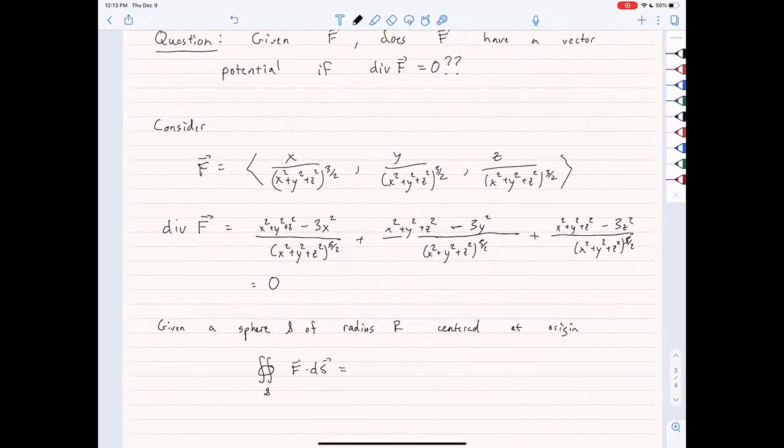We did this computation. I did it 2 times. I did it by parametrizing the sphere, and then I gave you a way of doing it by just realizing what the vector surface integral is and identifying the normal vectors.